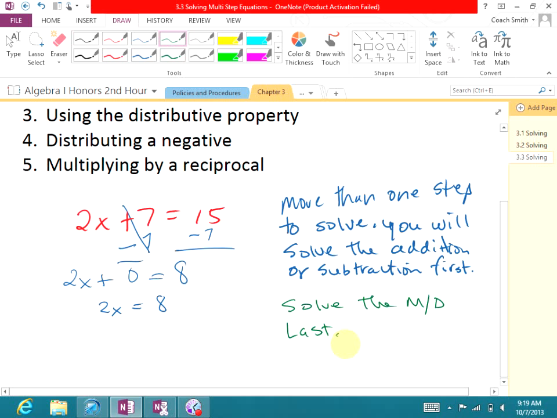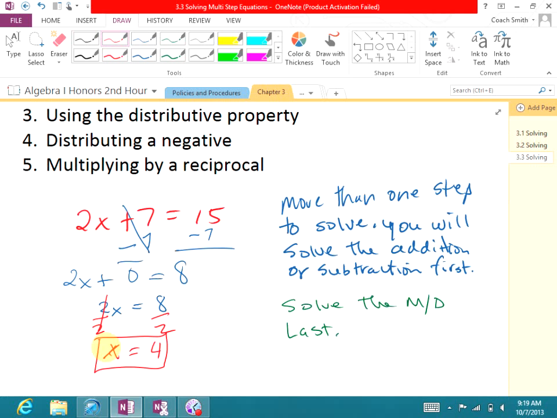Okay? So, the inverse of multiplying by 2 would be what, Zach? Dividing by 2. So I've got to divide by 2 on both sides. That cancels out, leaving me with x. X is equal to 4. Okay? So obviously, those are fairly simplistic.